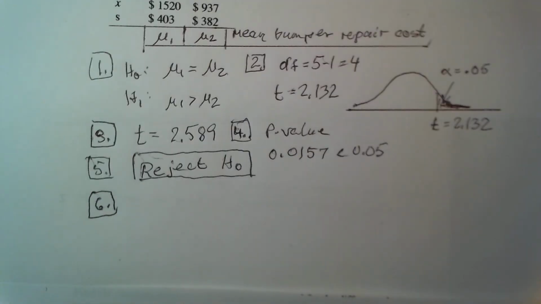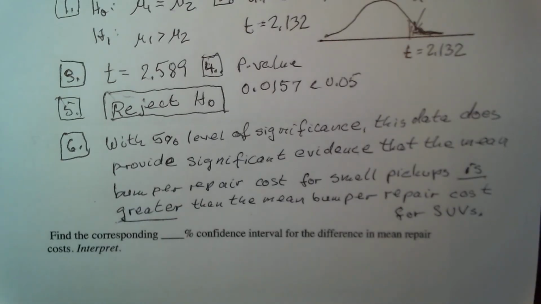So now we're ready to state our conclusion. With 5% level of significance, this data does provide significant evidence that the mean bumper repair cost for small pickups is greater than the mean bumper repair cost for SUVs. The next question is find the corresponding confidence interval for the difference in mean bumper repair costs.